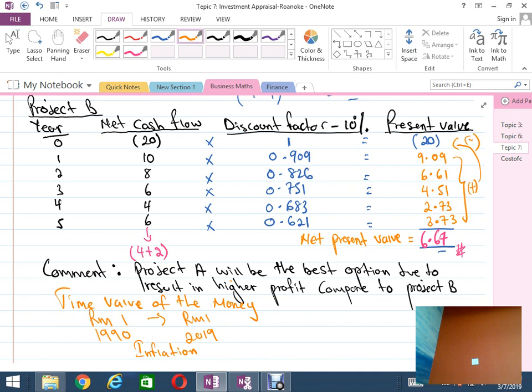Understand? Because 10% is the positive one, so it must be lower than this to get a positive answer. That's the idea. Okay, to compare. Are we okay, guys? So please try project B by yourself. Then we are done.